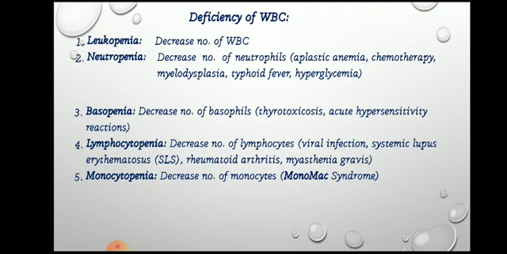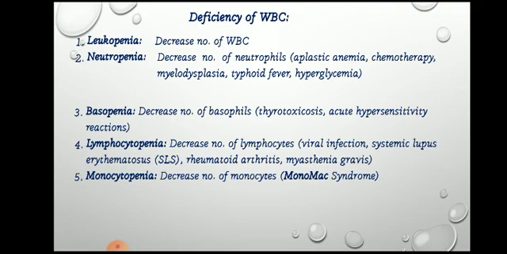The fourth one is lymphocytopenia, a decreased number of lymphocytes in the blood, which might be due to a viral infection, systemic lupus erythematosus, SLE, rheumatoid arthritis, RA, or myasthenia gravis, MG. These are some diseases in which a lesser number of lymphocytes is seen.